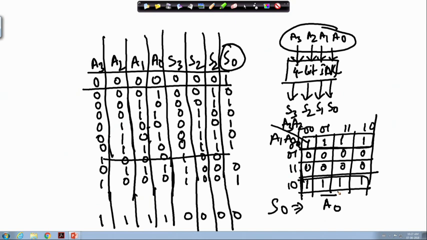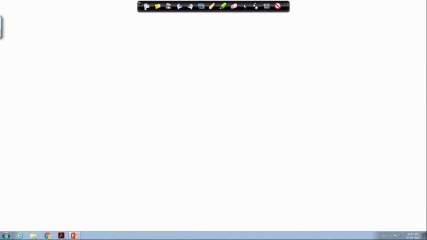So, now I have got the expression for S0, that is S0 equals A0 bar.